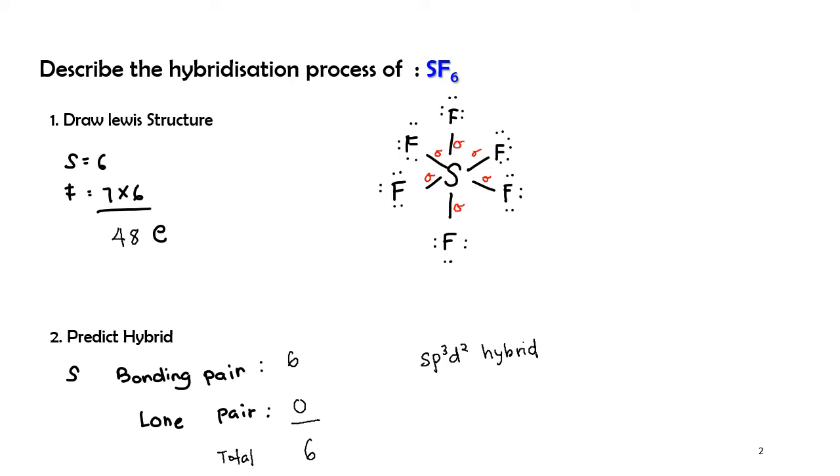And this one will be class AB6, and this geometry here will adopt the shape of octahedral.